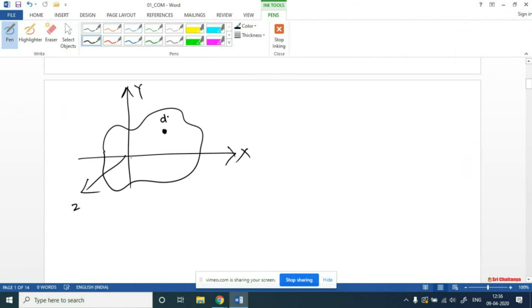Let's say we choose one element dm, and its position vector is r. The formula for the position of center of mass here would be rcom equals the integral of r dm divided by the integral of dm, and this integral is over the whole volume of this continuous mass distribution.